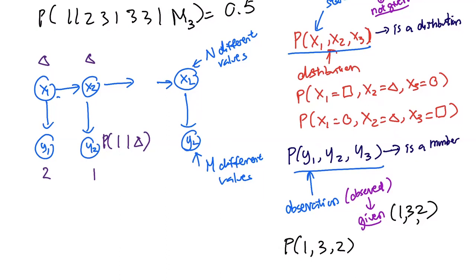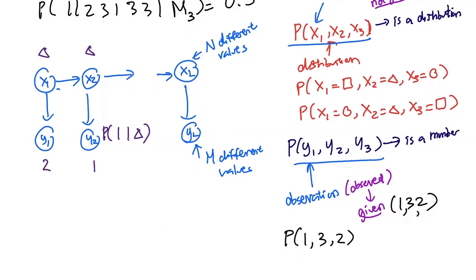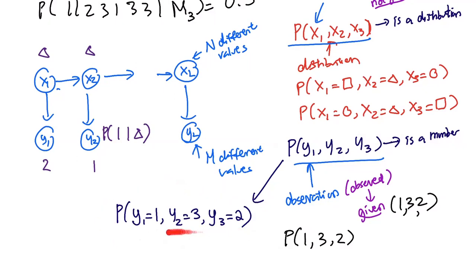Okay, so I guess the thing is this: because I observe y1, y2, y3, when I write this, you can always think of this as actually writing the probability that y1 equals 1, y2 equals 3, and y3 equals 2. That's what this notation really means, because I observe the actual y value. So this is why this is a number, because it's really just telling me the probability of seeing this particular given observation.